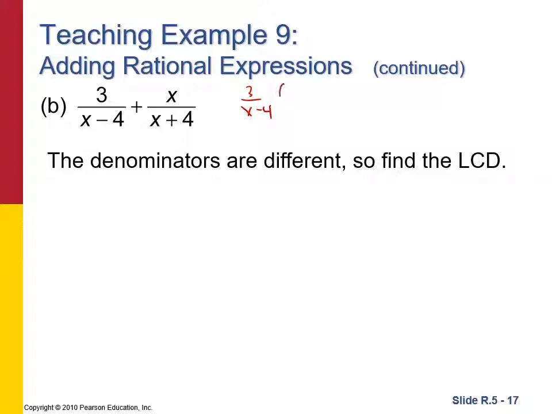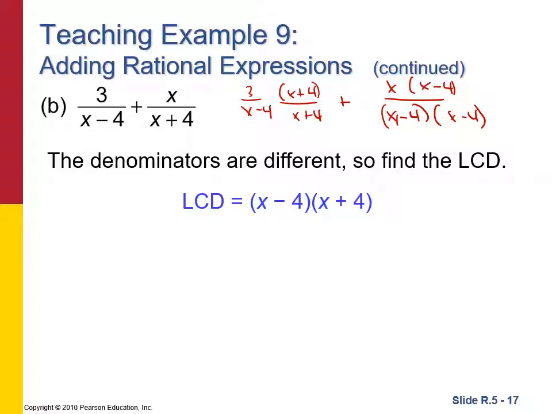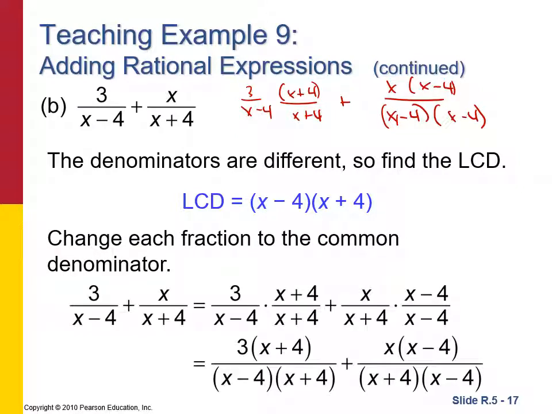X minus 4 times x plus 4 plus x times x minus 4 all over x plus 4, x minus 4. And so now our denominator is the same, right? That's what they have here.